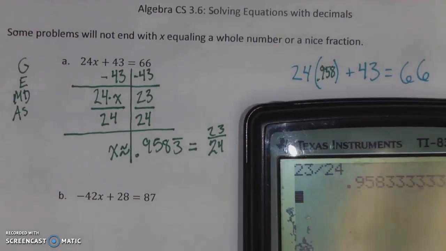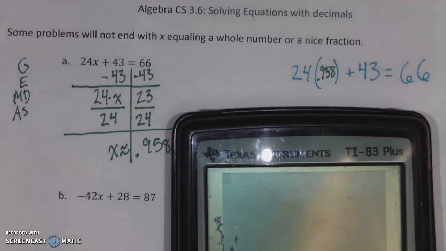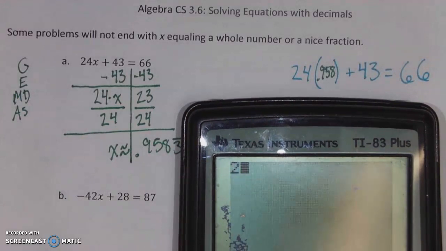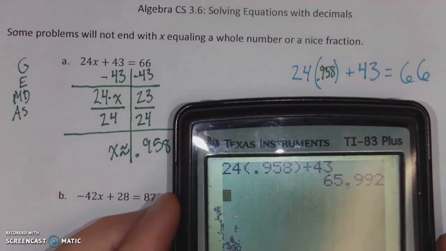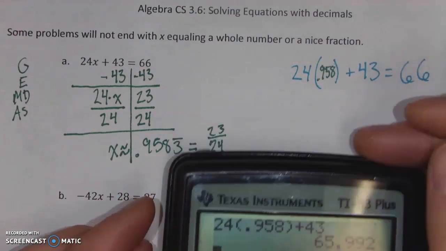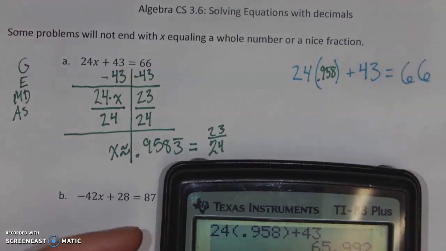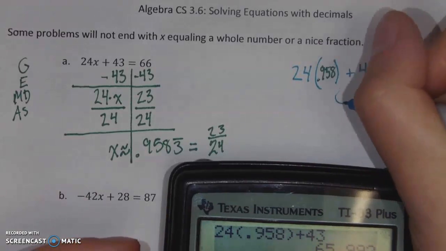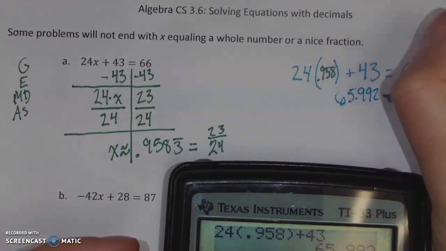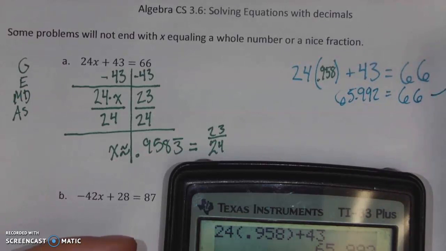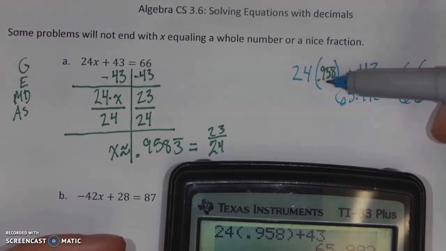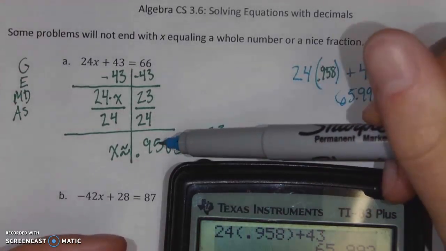So when I type this into my calculator, I can do this step by step or just carefully watch my order of operations. I can do 24 times 0.958 plus 43. Now notice that the answer I get is 65.992, which is not the same as 66. This is not quite true. But keep in mind, this 0.958 is also not quite my x.